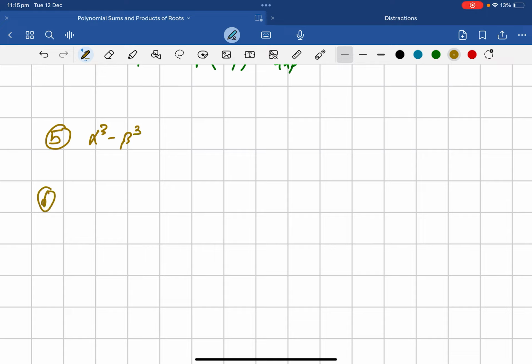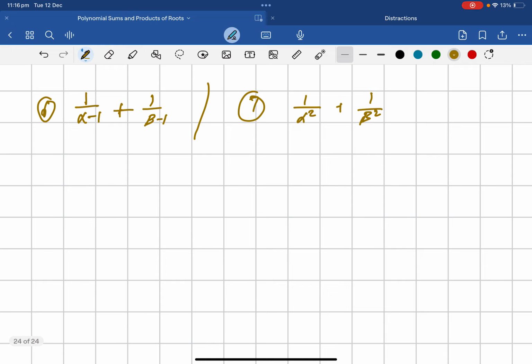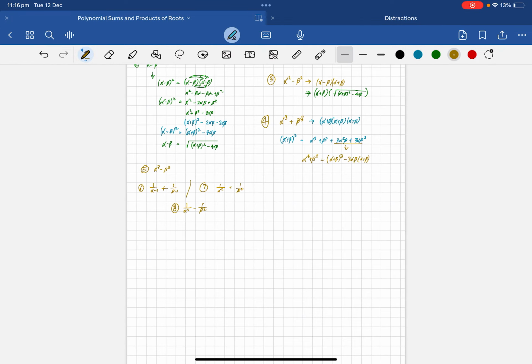Question 6 is 1 over alpha minus 1 plus 1 over beta minus 1, and question 7 is 1 over alpha squared plus 1 over beta squared, and lucky last, question 8 is 1 over alpha squared minus 1 over beta squared. Okay, these questions won't take that long.